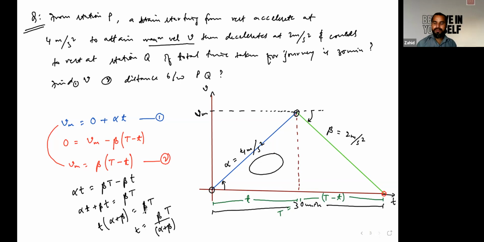Hamza, you got the same expression? Sir, I have done the mistake in the last part. Okay. While taking the coefficient to be common. Yes, sir. Now, for obtaining this particular value of t, put this particular value in first equation here. You would definitely find V max.